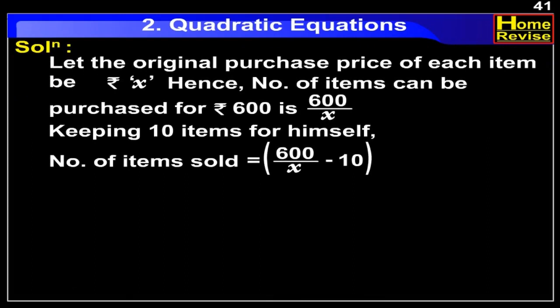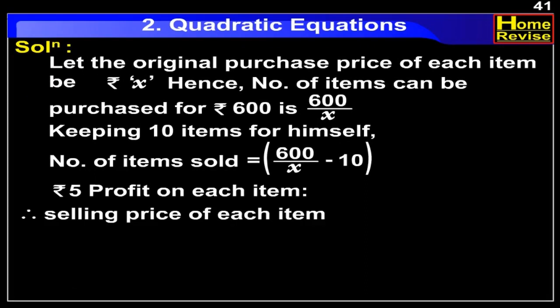Now, it is given that there is 5 rupees profit on each item. Therefore, the selling price of each item will be equal to x plus 5 rupees.